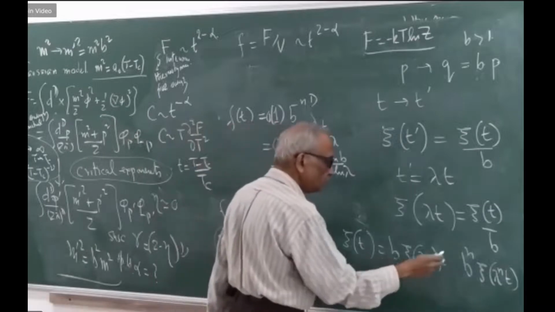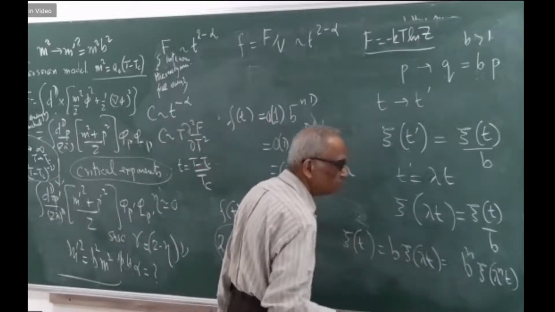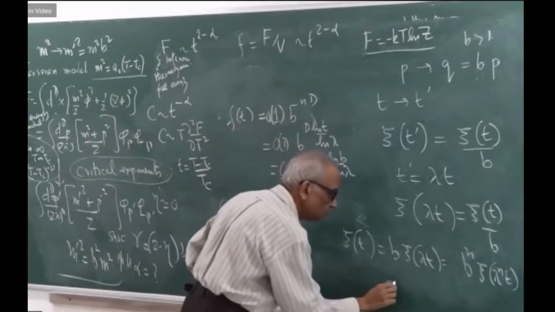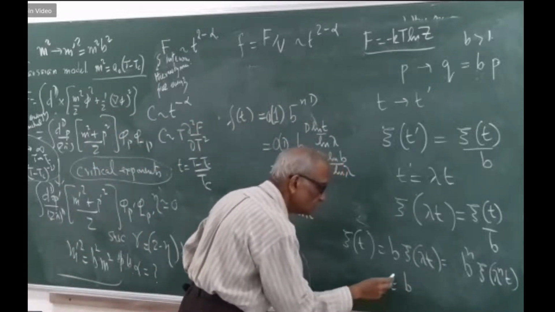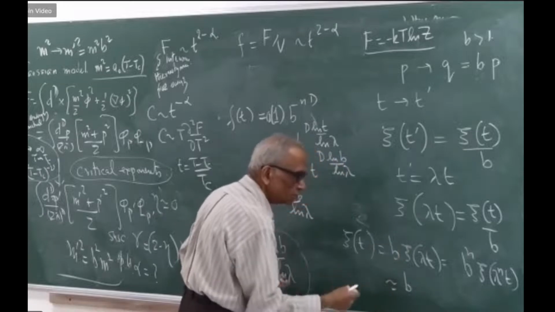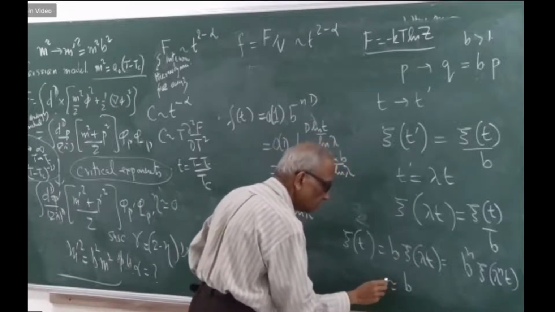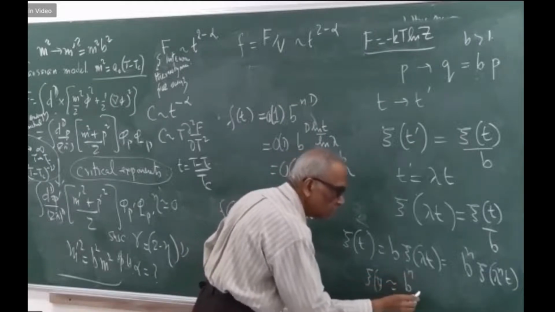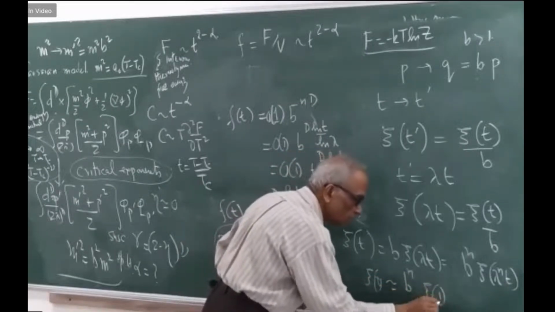So xi of t is going to behave as, for n much greater than 1, b to the power n, and then this is of the order unity.